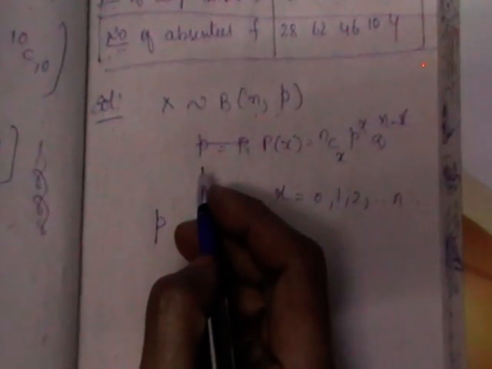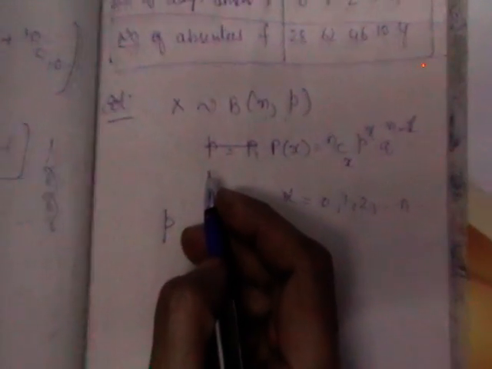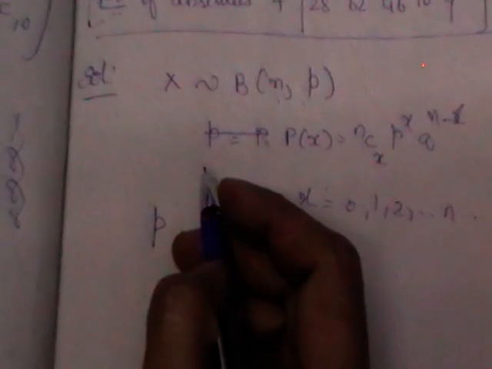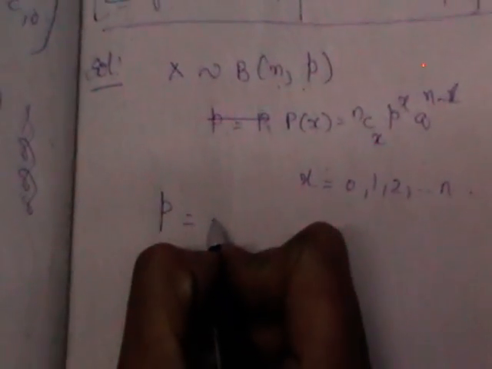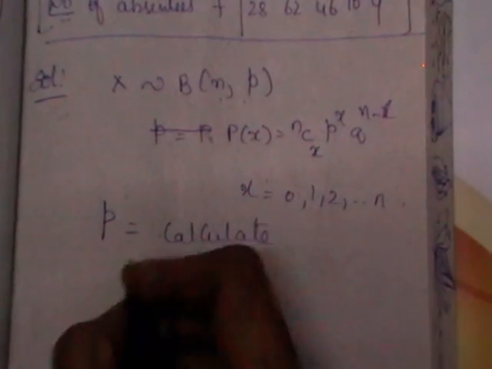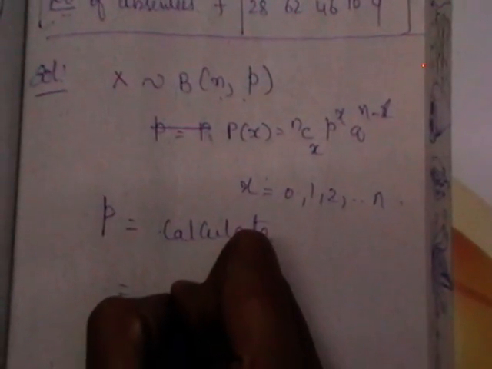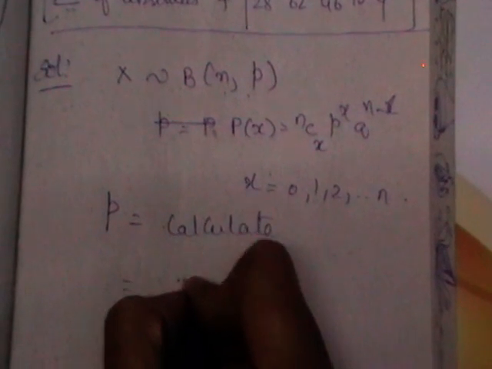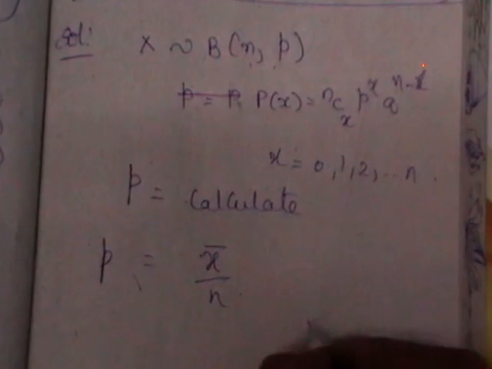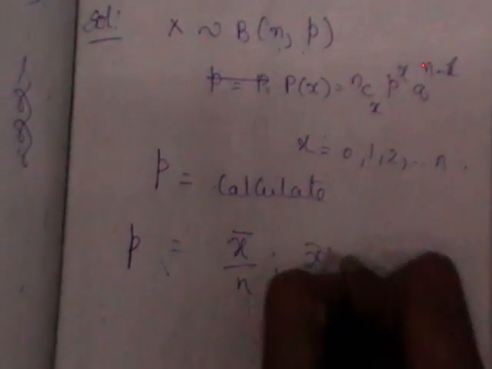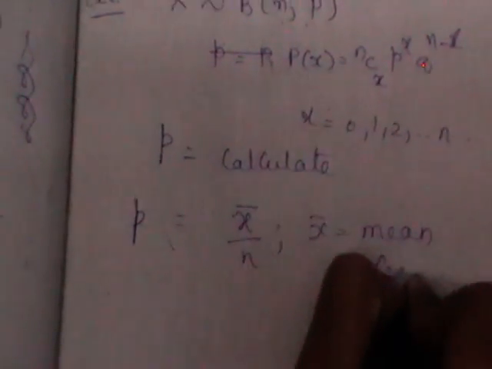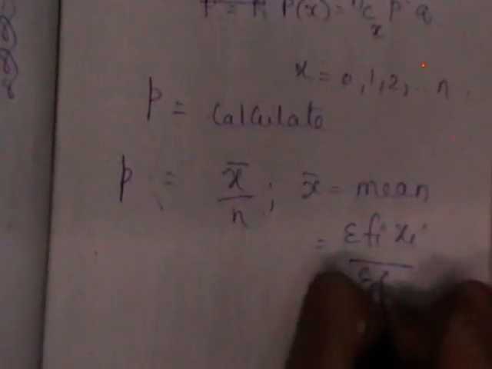In the previous problem we had a coin problem, and we identified p as half. In another problem p was given as 30%, but unlike those, here you need to calculate p using a formula. The formula for p is x bar by n. X bar is nothing but the mean. What is the formula for mean? Sigma fi xi by sigma fi.